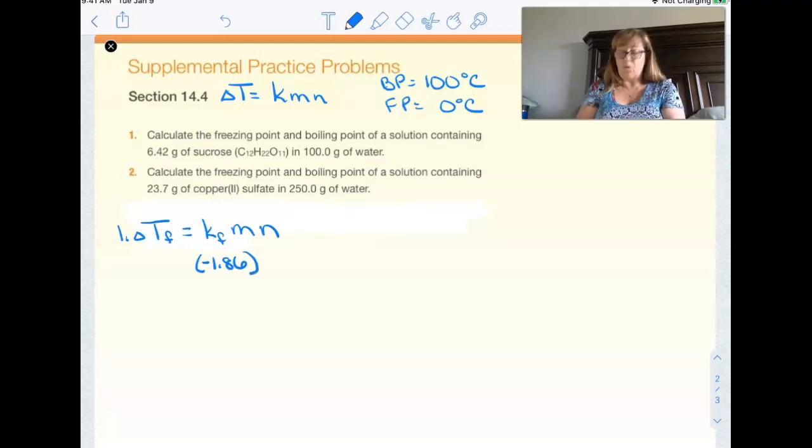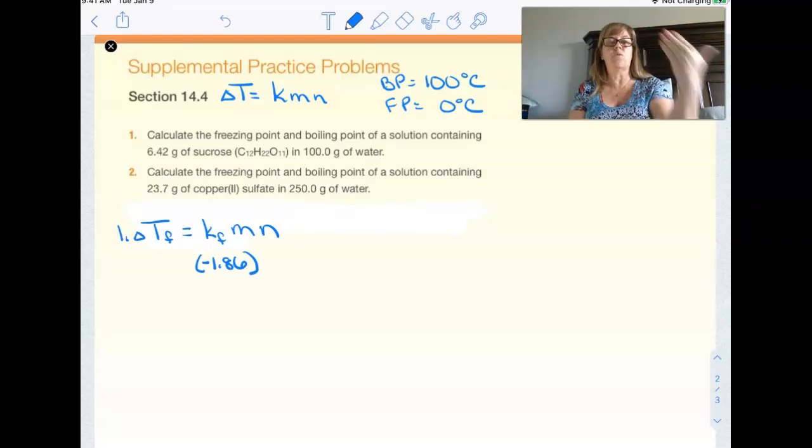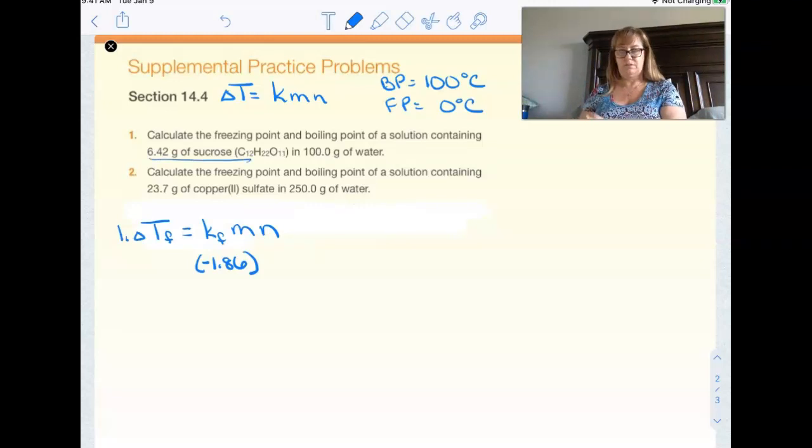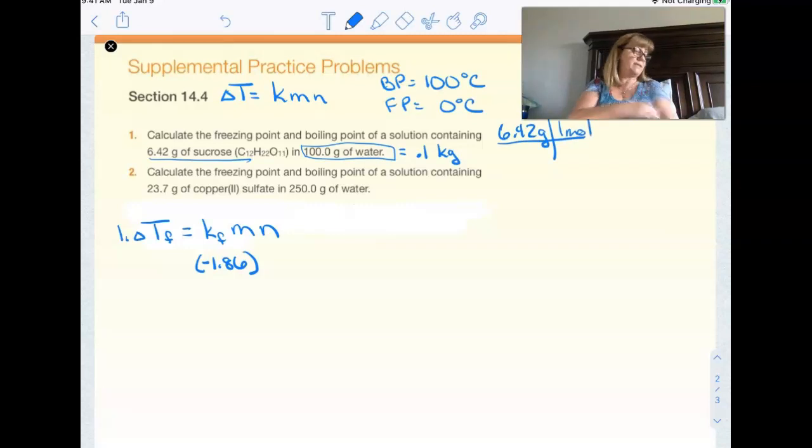Now we need to find the molality. How do we calculate molality? Well, we have to find the moles of solute. The solute is our sucrose, in our kilograms of water. So we've got 100 grams. This equals 0.1 kilograms. So our molality, therefore, we got to find our moles. 6.42 grams of sucrose. 1 mole of sucrose, we have to add up the molar masses.